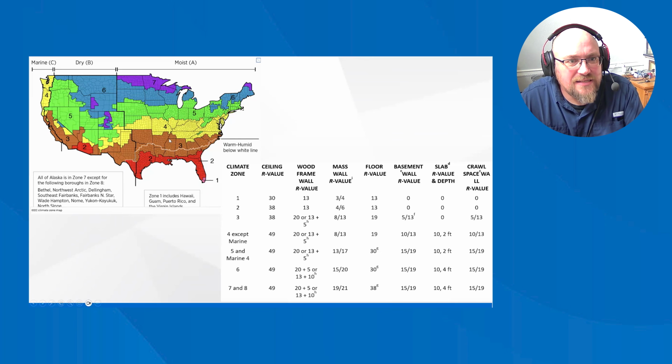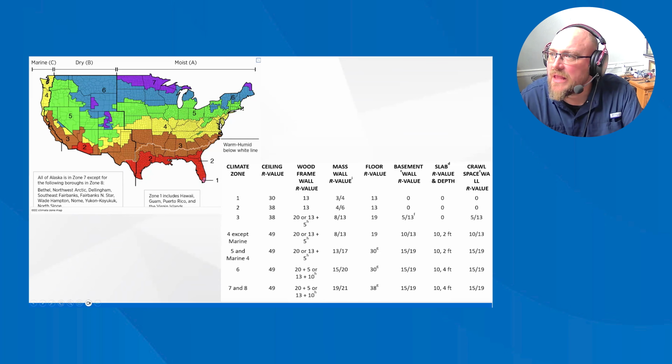And you can see that two counties below me, we change into a different climate zone. So we're more like the climate zone of the majority of Missouri, at least in my area, and then the rest of the state is in a lower R value zone.